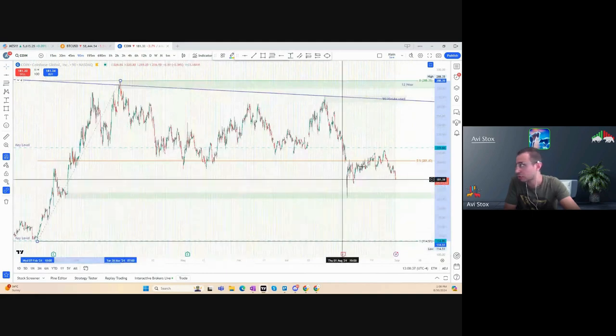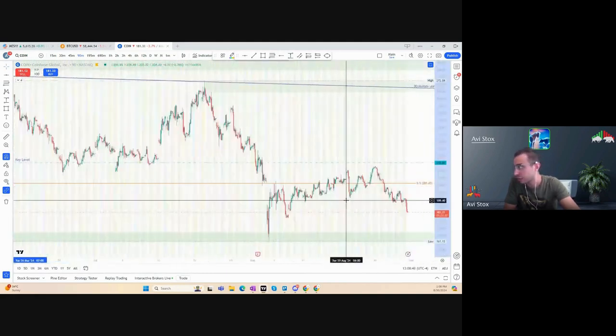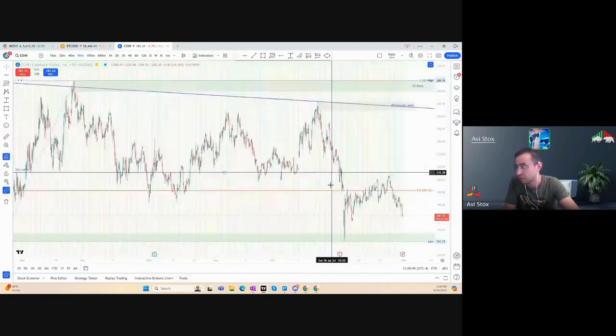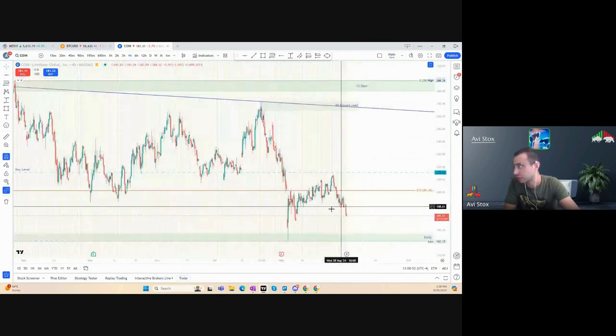So it can show us also a key level almost by 200. And we can see that it's respected it a lot of times, right? A key level that was respected many times.